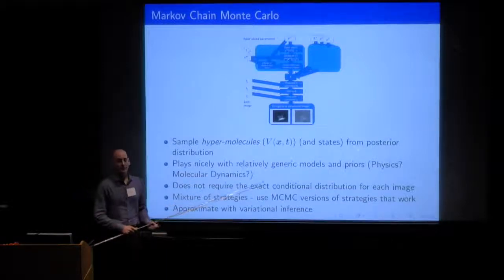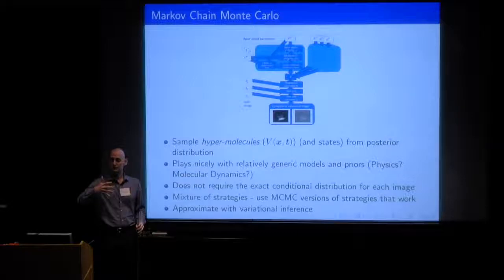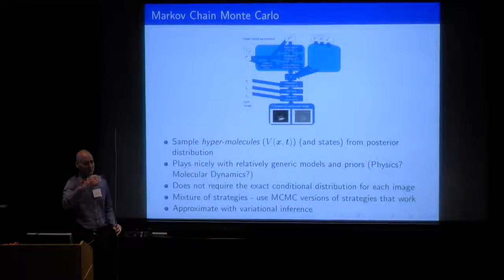It doesn't require the exact conditional distribution that you technically need to do expectation maximization. So it allows us to do these steps without checking all the different orientations, at least each step is possible without this.